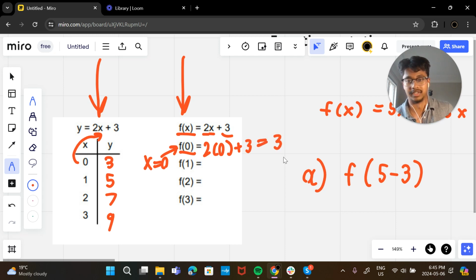If you did every single calculation, and you think of this as f of 1, as basically x is equal to 1, and then you're just plugging that value into the equation, then you're fine. That's all there is to it. So all of these answers over here would be the same as over here: 5, 7, 9.